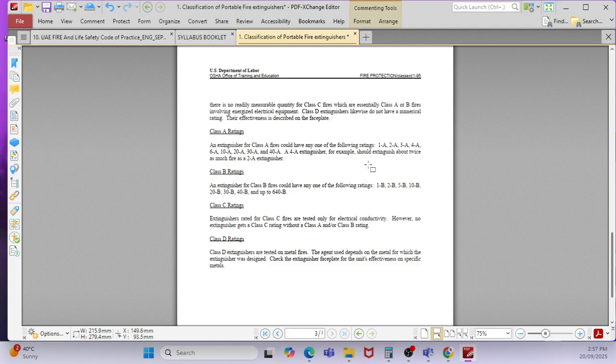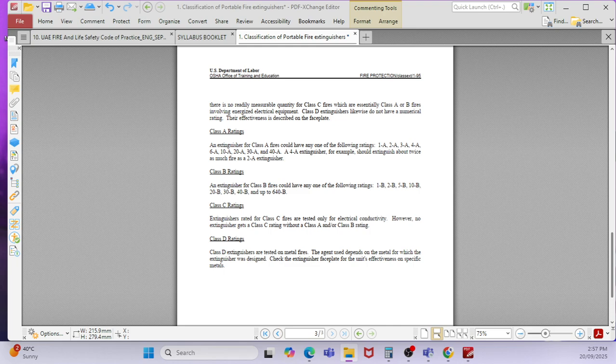Class A means you have a range. An extinguisher for class A fire could have any of the following ratings: 1A, 2A, 3A, 4A. This is there in the code as well.